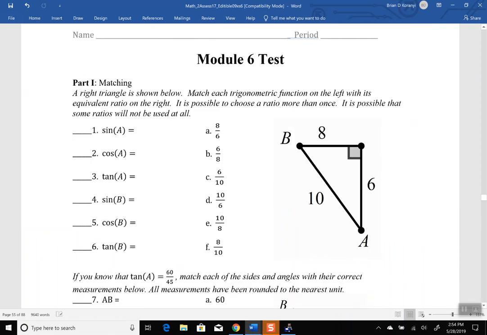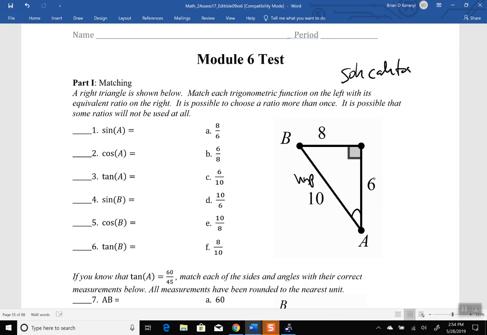And the last section, or at least this module 6 section here, sine of A, SOHCAHTOA. For A, opposite the 90 is the hypotenuse, so that's always going to be the hypotenuse.